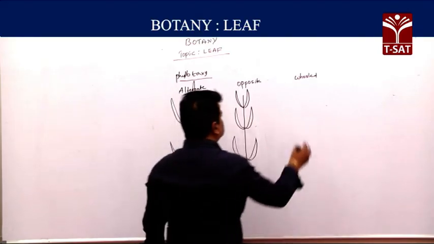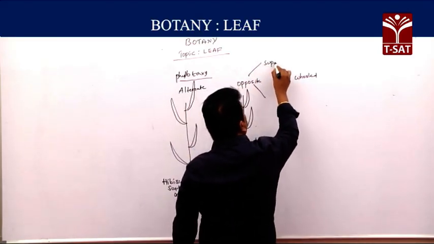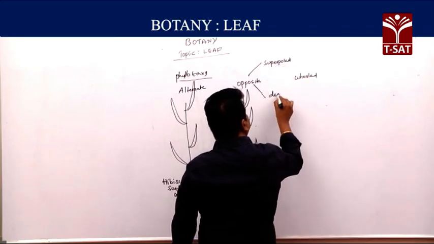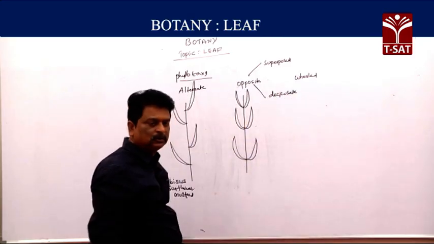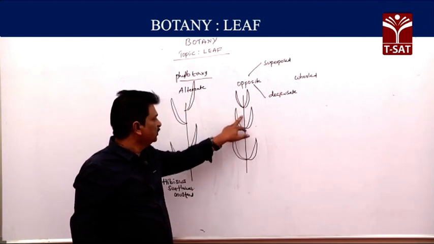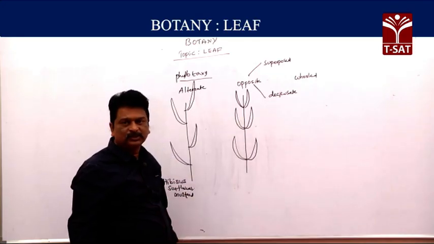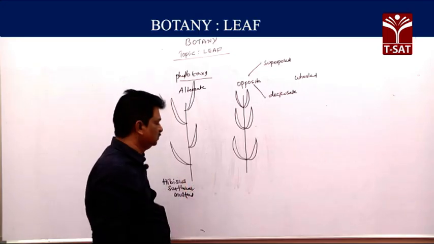But actually, opposite phyllotaxy is of two types. One is called superposed, and the second one is called decussate. Superposed. In this type, all opposite leaves are vertically placed. If all opposite leaves are vertically placed, it is called opposite superposed.